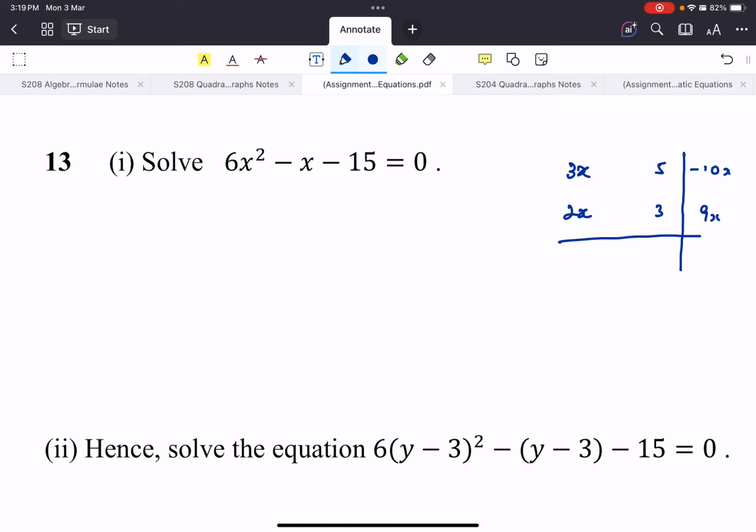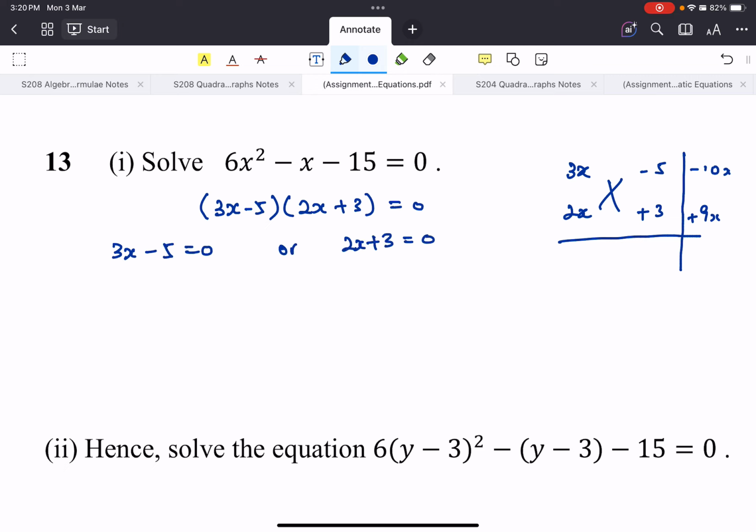Since we want negative, this will be positive, negative, positive. Looks good. So from here, we have 3x minus 5 multiplied by 2x plus 3 equals 0. Therefore, 3x minus 5 is equal to 0, or 2x plus 3 is equal to 0. x is equal to 5 over 3, or x is equal to negative 3 over 2.